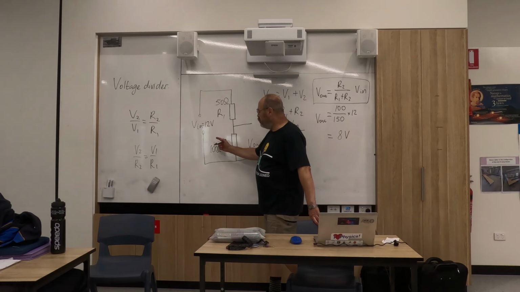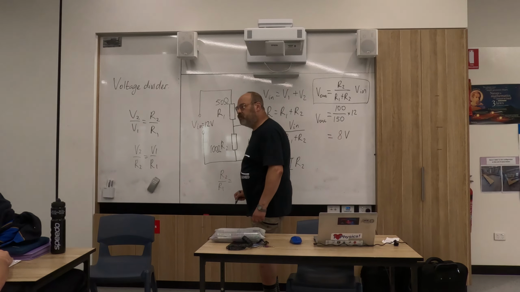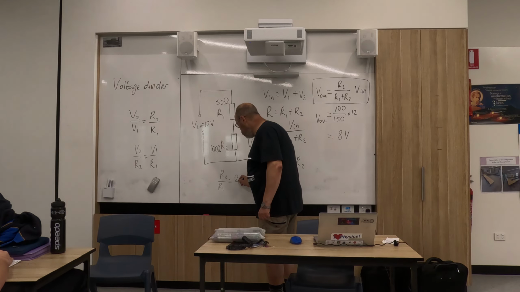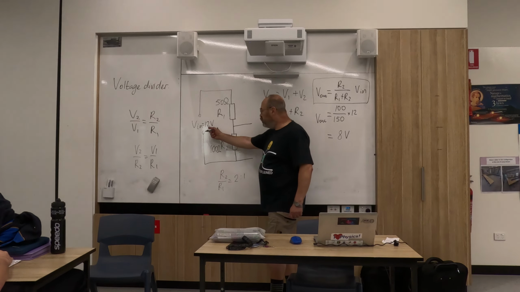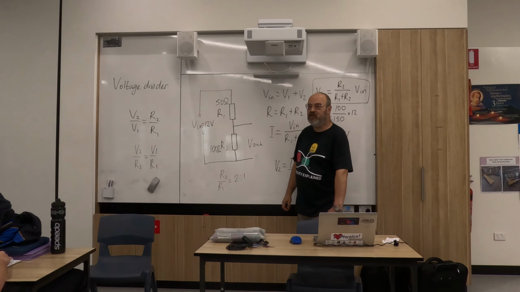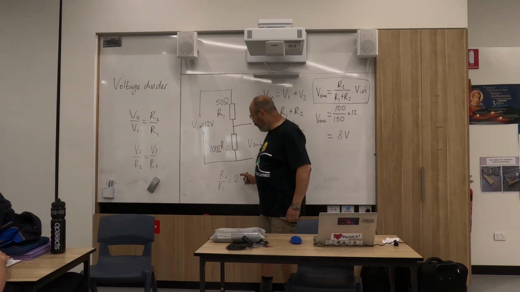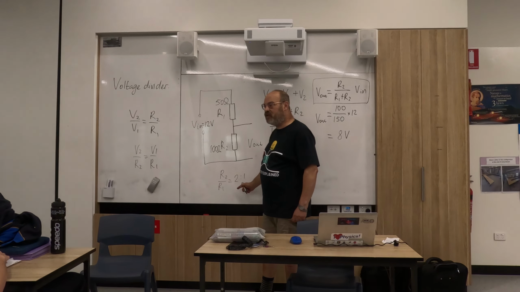What is the ratio in this case? What is the ratio of the resistors? R2 to R1, 2 to 1. We have a ratio of 2 to 1. Then we just need to divide 12 in the ratio 2 to 1. How do we divide a number in a given ratio? 2x plus x. We divide 12 by 3 because we have 3 parts.